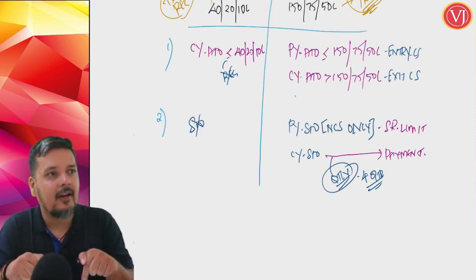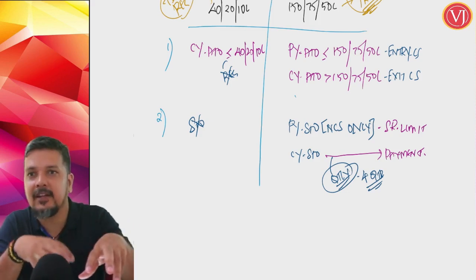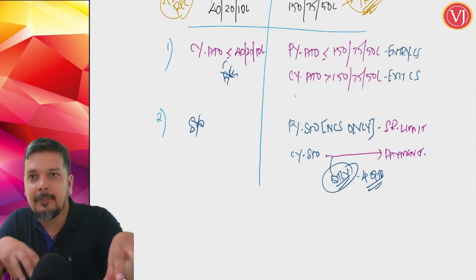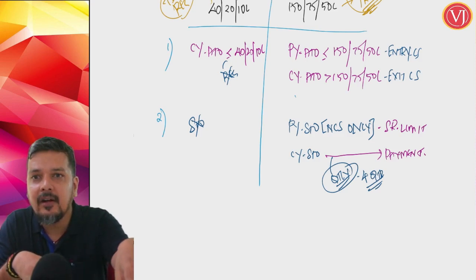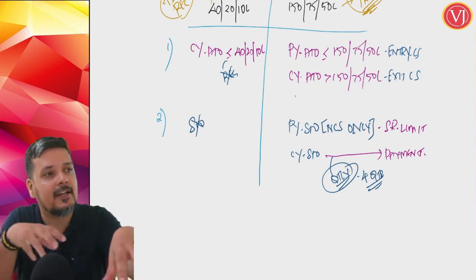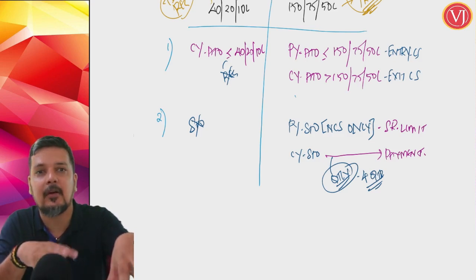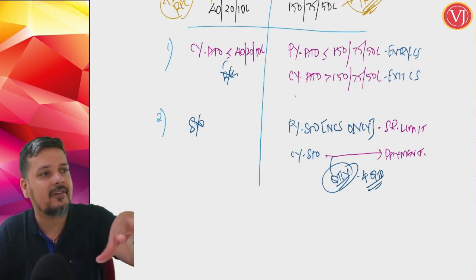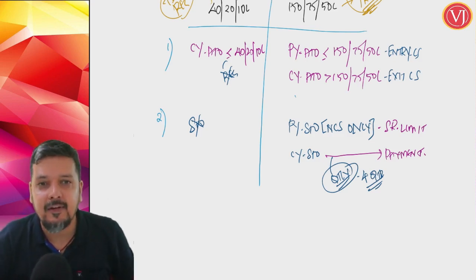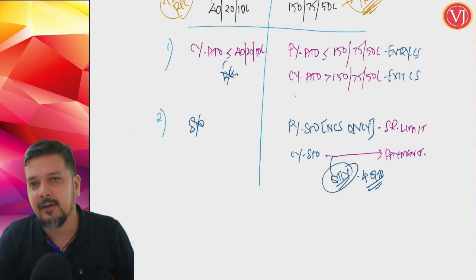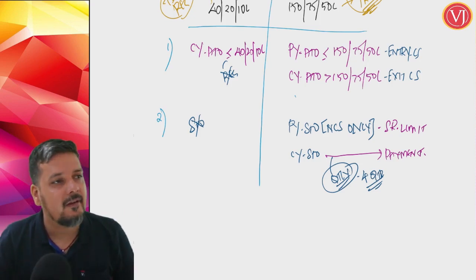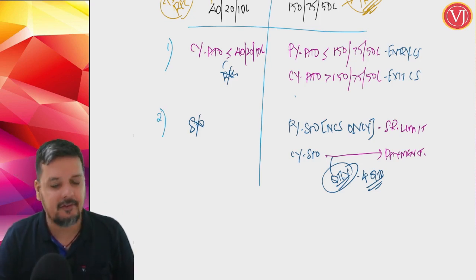If I am working in Tamil Nadu and Andhra, I will pay separately for Tamil Nadu, separately for Andhra. So it is not based on aggregate turnover, it is based on state turnover. So in a particular quarter, if my turnover in Tamil Nadu is 10 lakhs, and in the same quarter, turnover in Andhra is 5 lakhs, in Tamil Nadu I will pay 10 lakhs multiplied by 1%. In Andhra I will pay 5 lakhs multiplied by 1%.